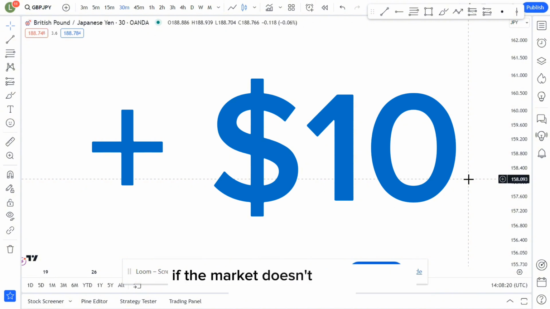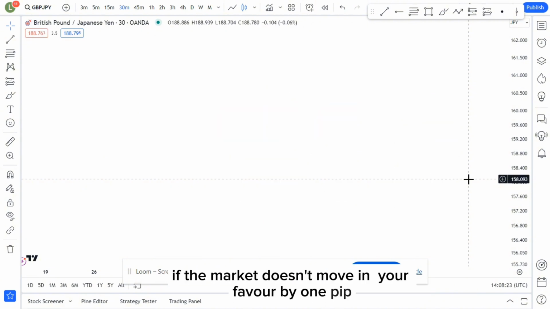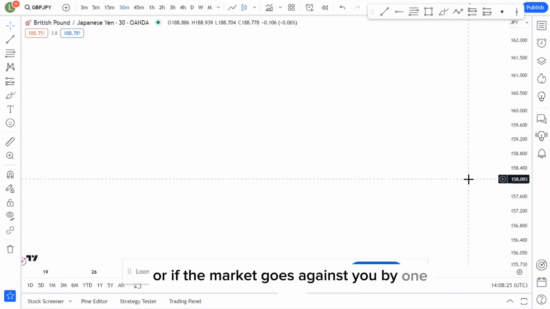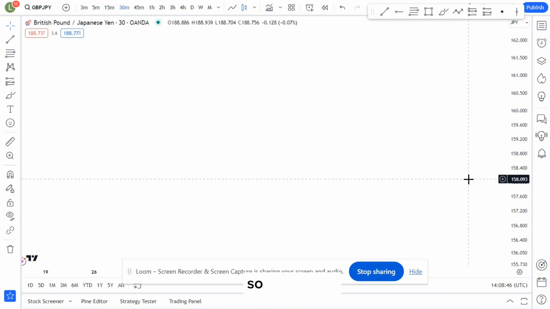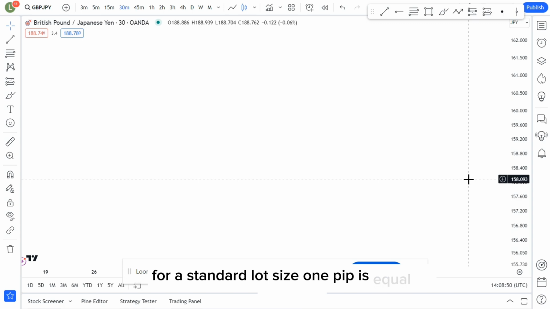If the market goes against you by one pip, it means you are losing $10. So simply put, for a standard lot size, one pip is equal to $10.